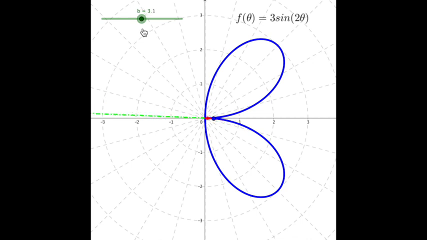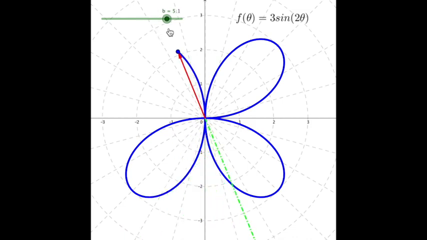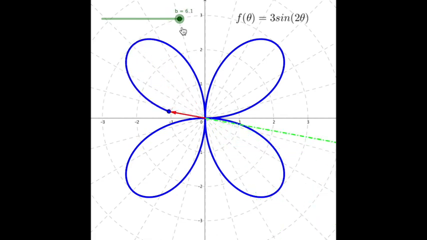And that's only because in the second quadrant, sine of 2 theta turned out to be a negative number. All right, and then as we wrap it around past pi, it goes back to being a positive radius. And then as it goes past 3 pi over 2, it becomes negative again. And we get this cool picture that looks like a 4-leaf clover.